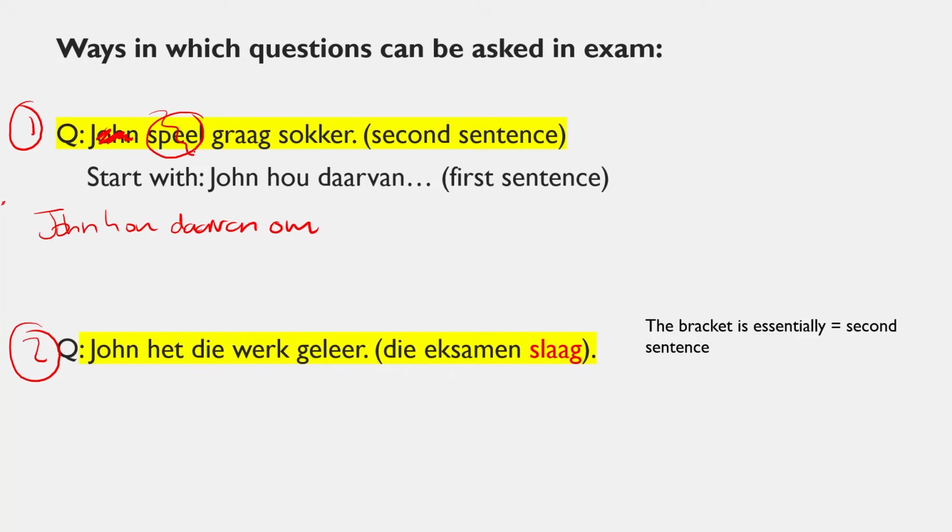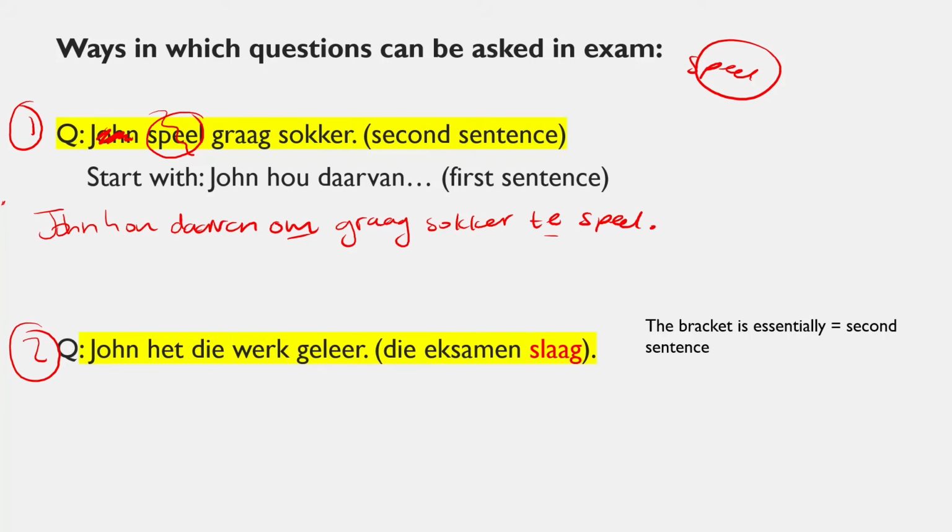We will write it there on the side. Then we write the remainder of that sentence as is. Then we add our te. So now we have om...te. But the last step is to add back the verb we ignored initially. And that was speel. John hou daarvan om graag sokke te speel. So that's another way they can ask you in the exam.